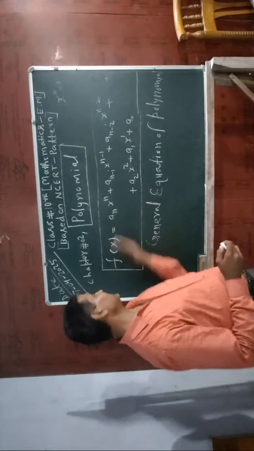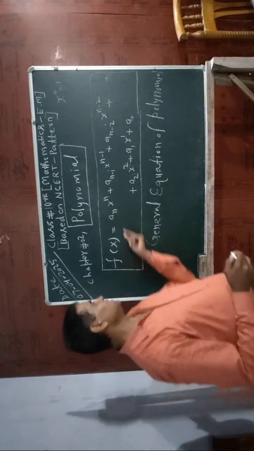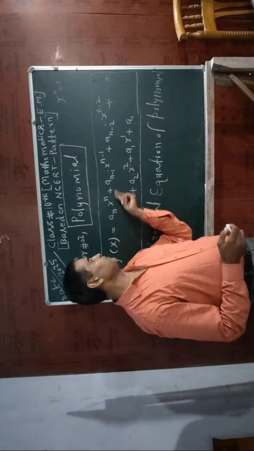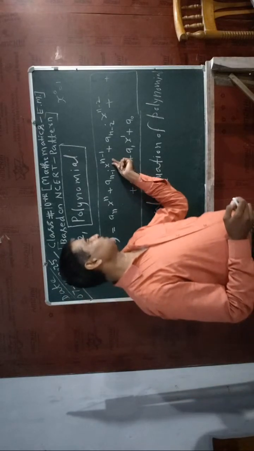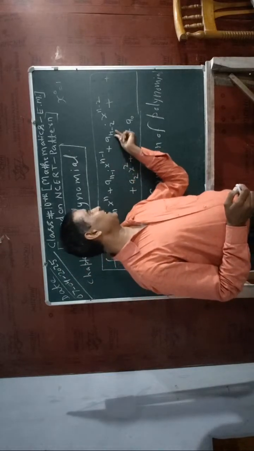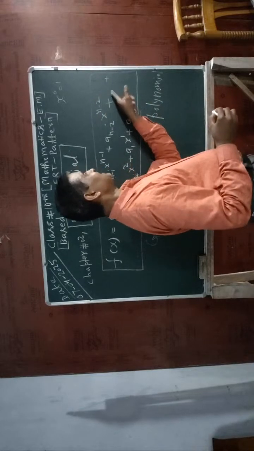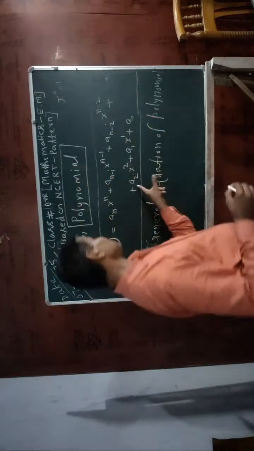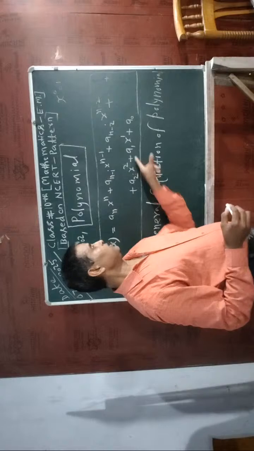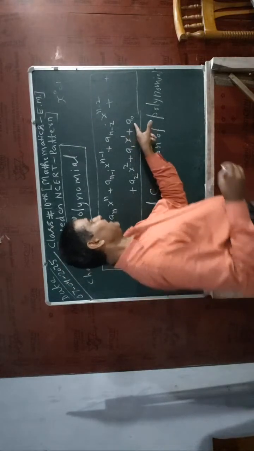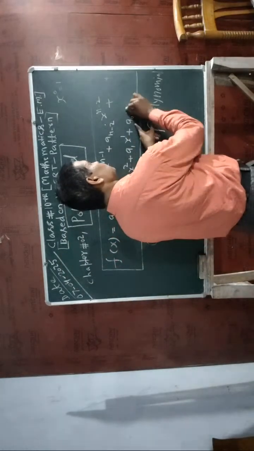Students have to write on the left hand side f of x is equal to a_n x to the power n plus a_(n-1) into x to the power n minus 1 plus a_(n-2) into x to the power n minus 2 plus dash plus a_2 x to the power 2, a_1 x to the power 1, a_0 into x to the power 0.